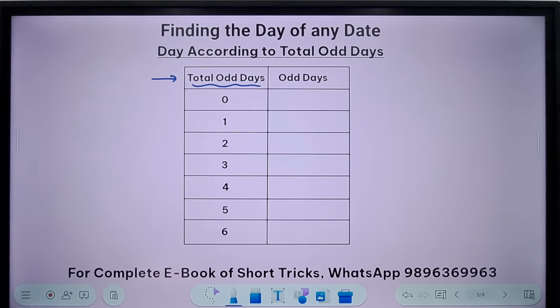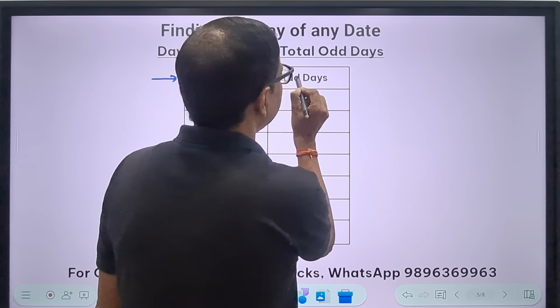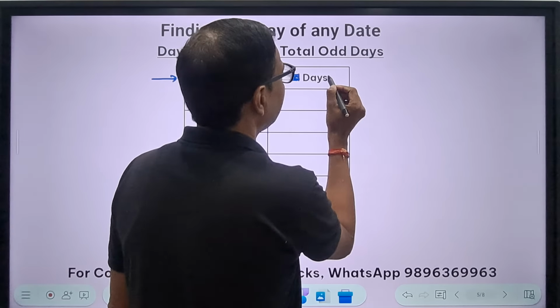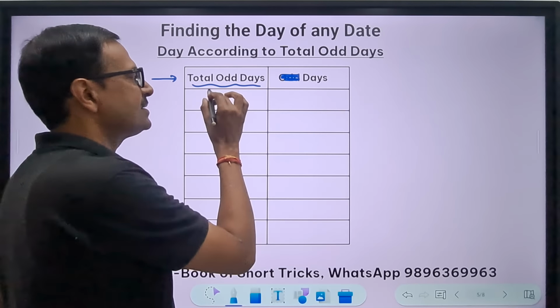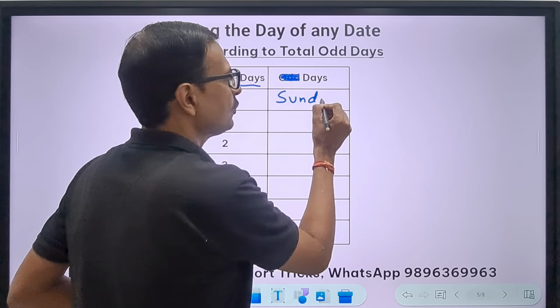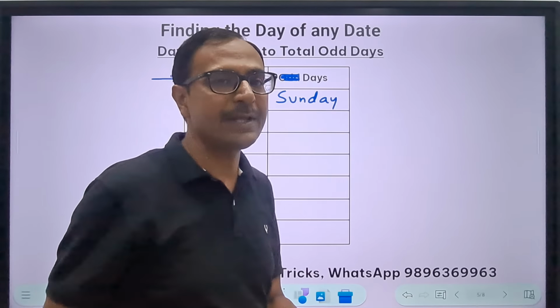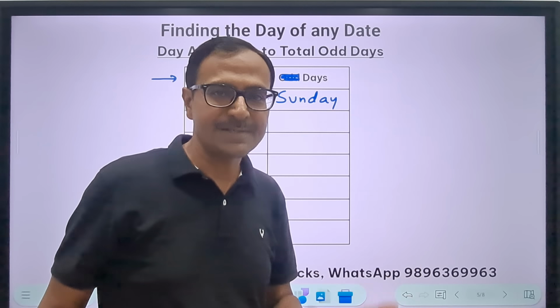Now, according to this total number of odd days, we have a table in which we will be telling you the days, not the odd days, but the days of the week. Start with 0, and 0 corresponds to a Sunday. So whenever you get the total number of odd days in the question as 0, that means it is a Sunday.